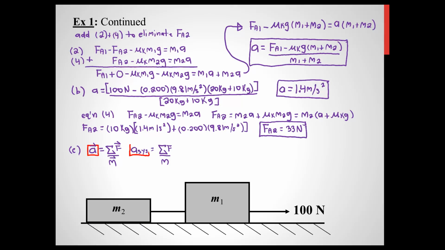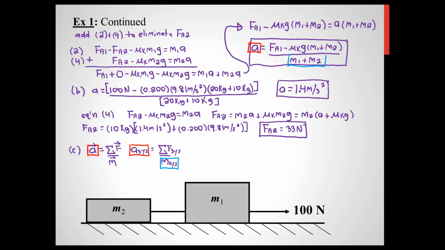Okay, now let's draw the comparison. A for the system would just be this A. So we got the net force for the system, and the mass of the system is just m1 plus m2.